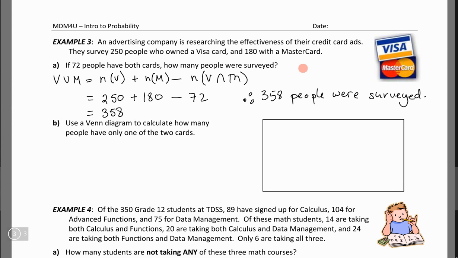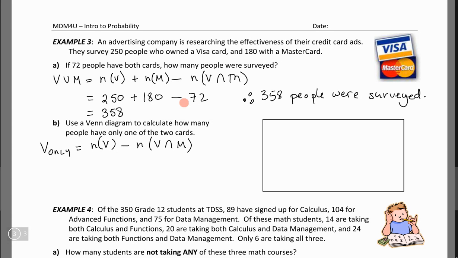Okay, part B, use a Venn diagram to calculate how many people have only one of the 2 cards. So we know if you want to know how many have Visa only, well, that's going to be the number of people who had declared Visa minus the number of people who claim to have Visa and a MasterCard.